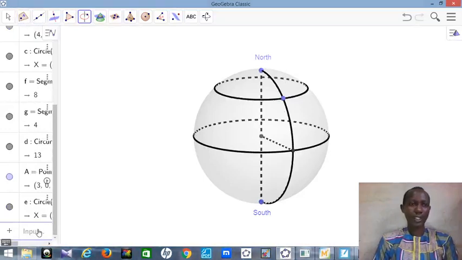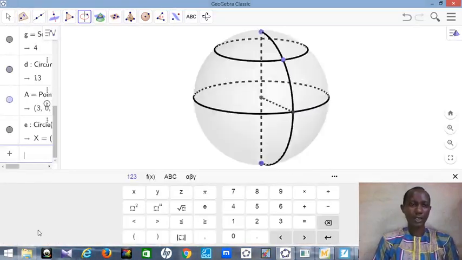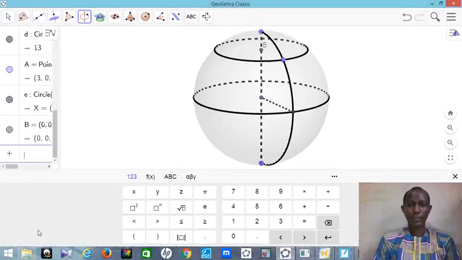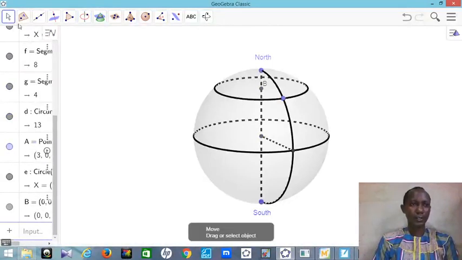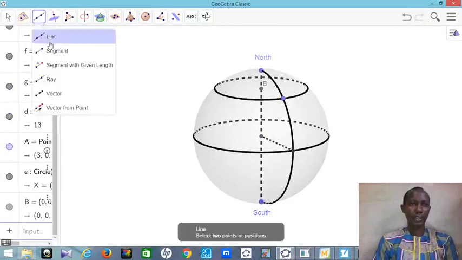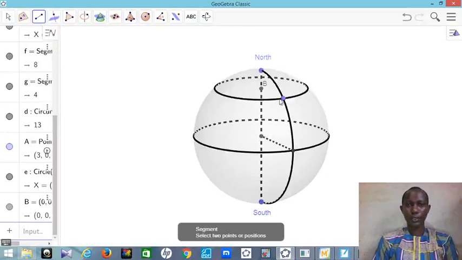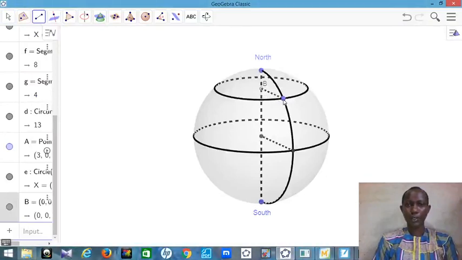Okay, so let's get the angles that we may be asked to find. So we have from this point to this point, this point to this point.